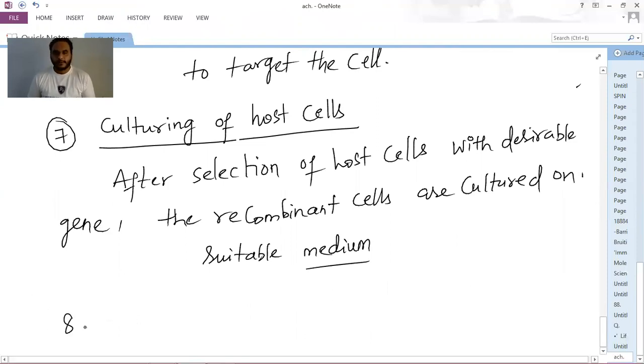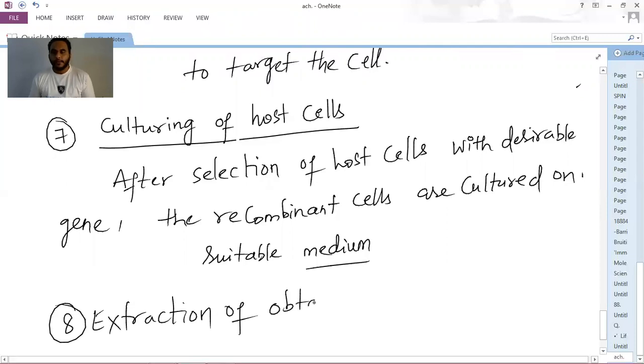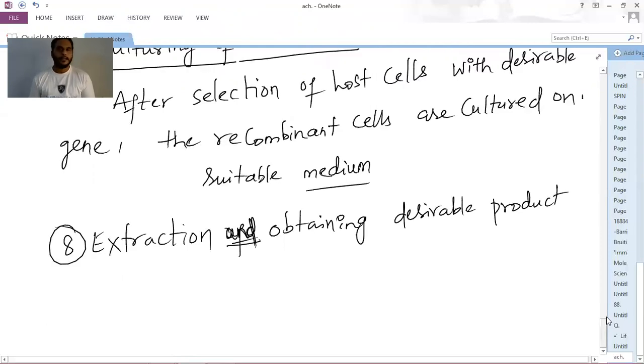The next step is extraction and obtaining the desirable product. The recombinant product will be produced, either a recombinant protein or some other recombinant product.